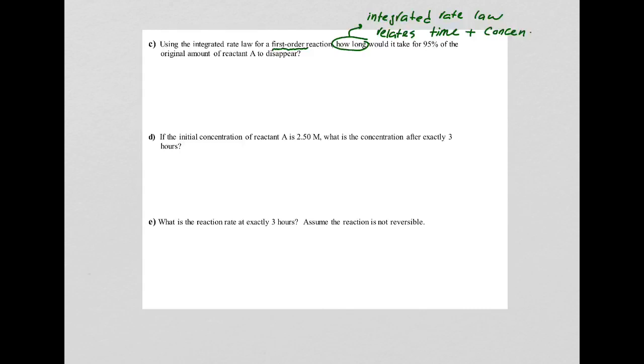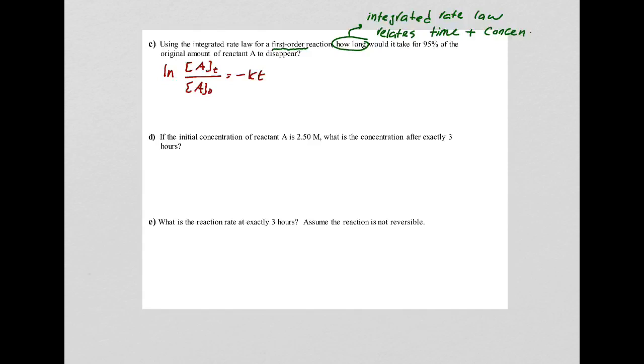Okay, so I know it's a first order reaction, and I know they're asking me how long, so I have to use the integrated rate law. I'm just going to write down the integrated rate law for the first order reaction. It would be ln of the concentration of A at time t over the concentration of A at the beginning equals minus kt.